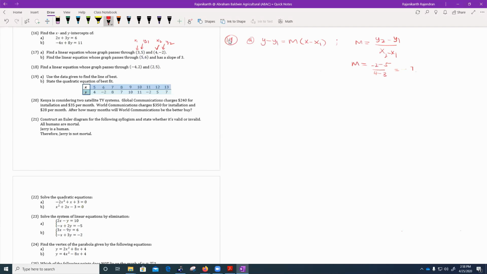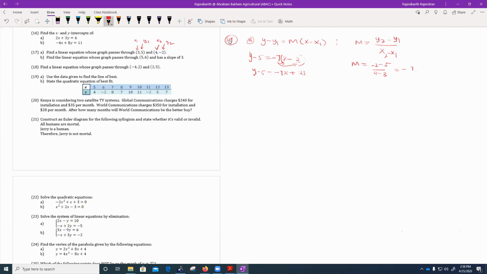That is my slope. So if you plug in that value, you get y minus y1. My y1 is 5, the slope m is negative 7, and x minus my x1 is 3. So that is y minus 5 equals negative 7 times x minus 3. Distribute the negative 7: negative 7x, minus into minus is plus 21.